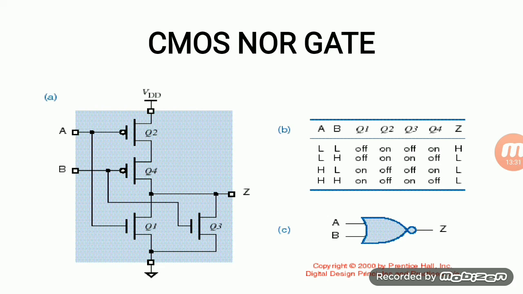Suppose the inputs are 1 1: PMOS will be off and the pull-down will be on, so the output becomes low. See the schematic, the truth table and the symbol for the CMOS NOR gate.